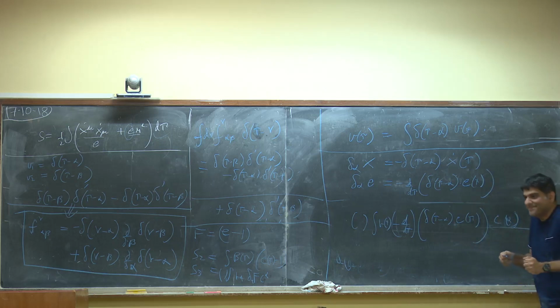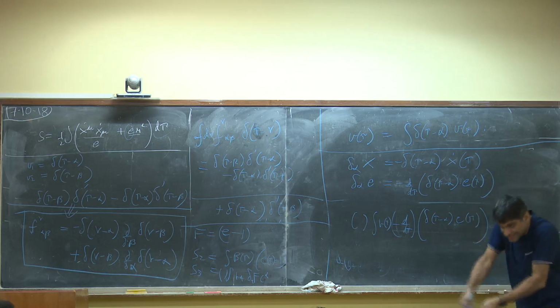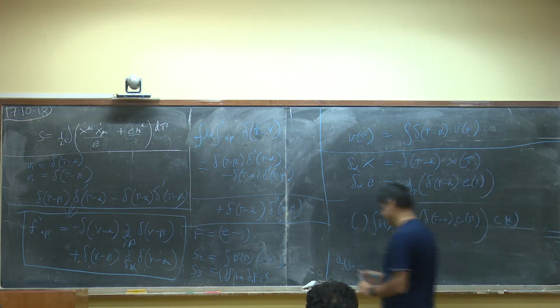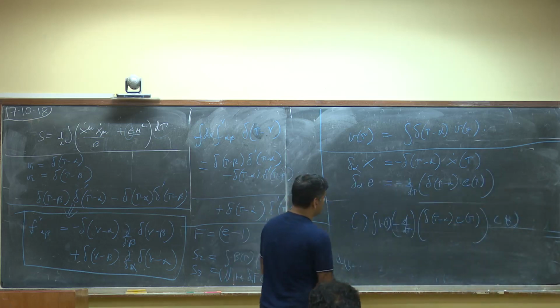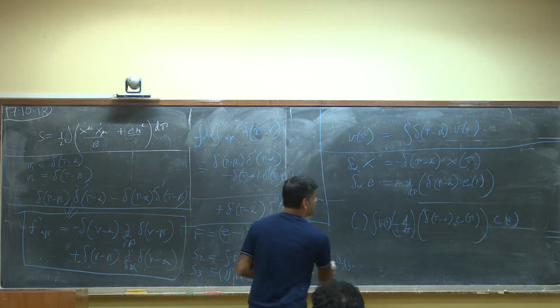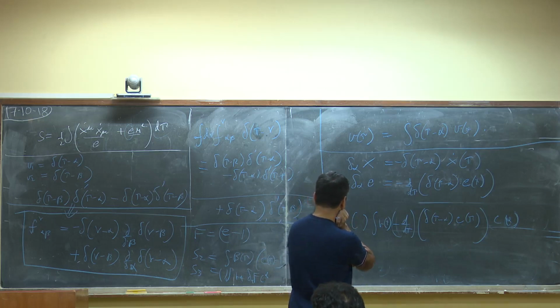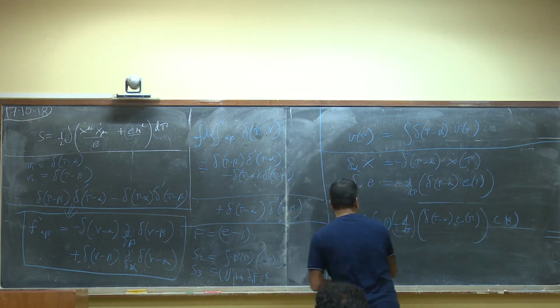Because we're setting the function at every tau to 0, and these are the parameters of the infinitesimal transformation. And there are integrals performed over both alpha and tau. Yes, over both alpha and tau.